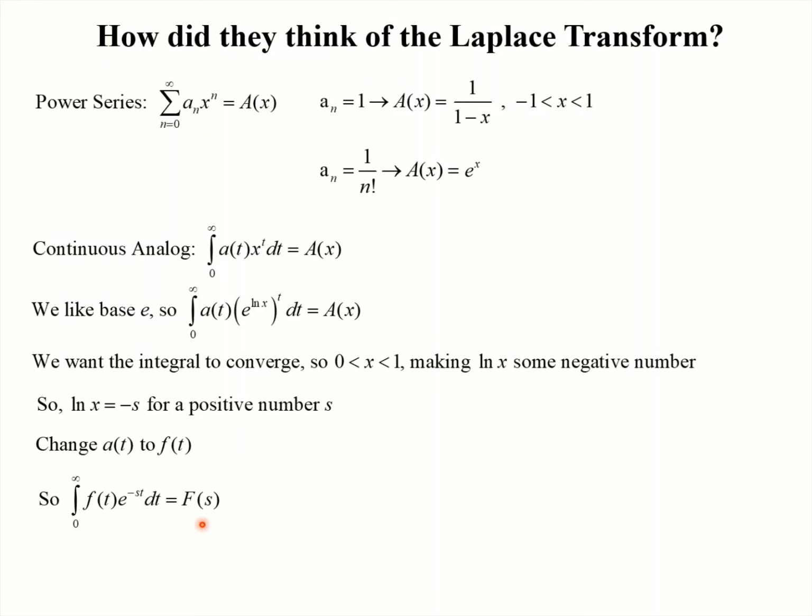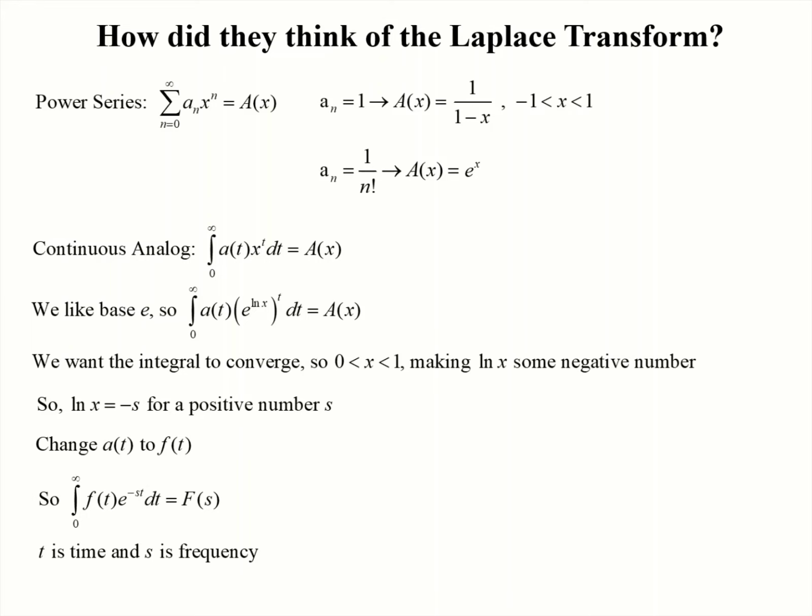This is F of s, which is the Laplace transform, and that's what we've been doing. Lots of times we'll say that t is time, and I've said that before, and s is going to be frequency. So that is probably the best explanation that I could give.